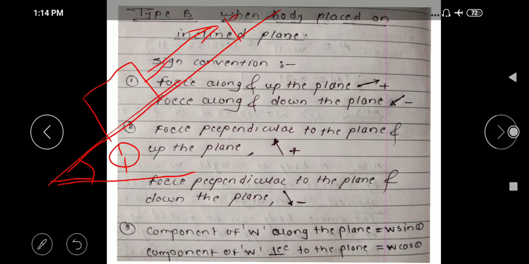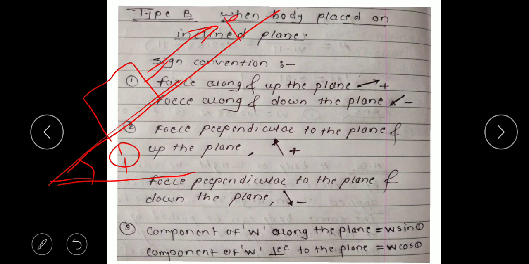The P force, which is responsible to move the body. So if we apply the external force P on the mass, parallel to the inclined plane and in the upward direction, that arrow will indicate positive.